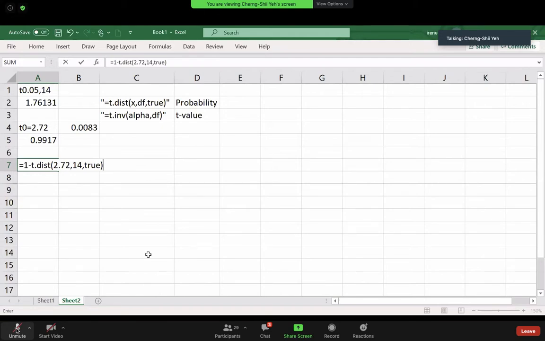We're using a total probability of 1, subtracting the cumulative probability from negative infinity all the way to positive 2.72. That gives us 0.0083. I'll leave it here, give you a second to write this down while I go back and write down the probability.